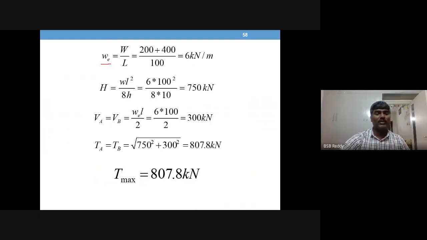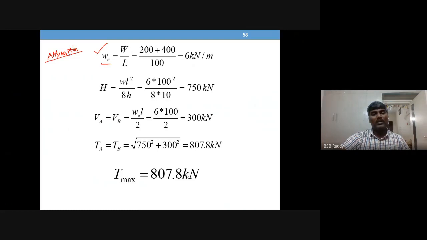We want this assumption to be applied first. So the assumption must be applied first.